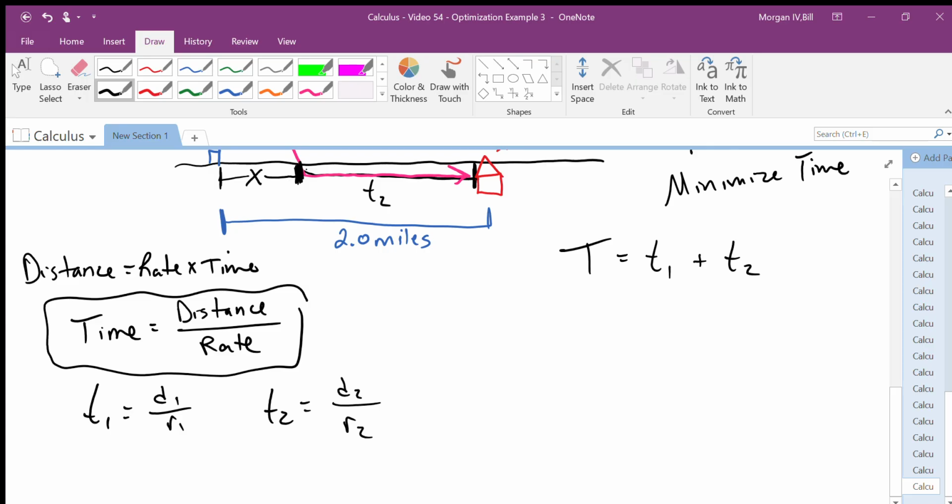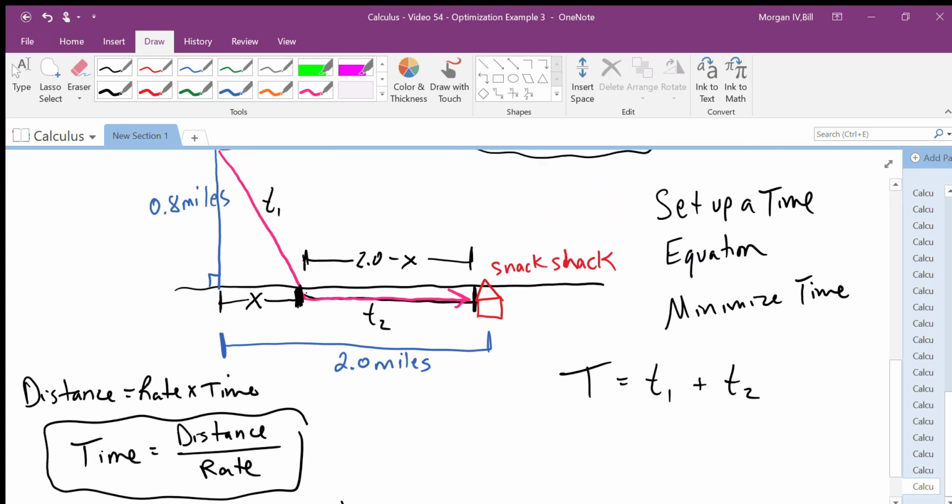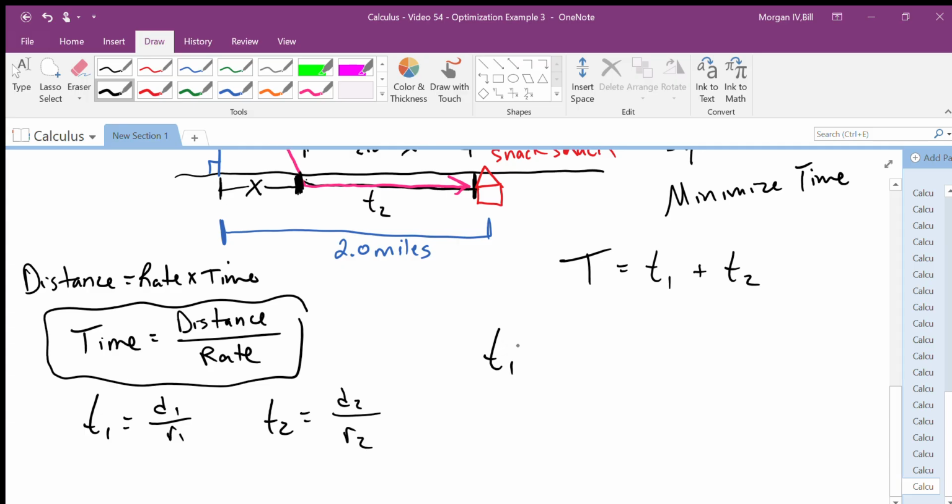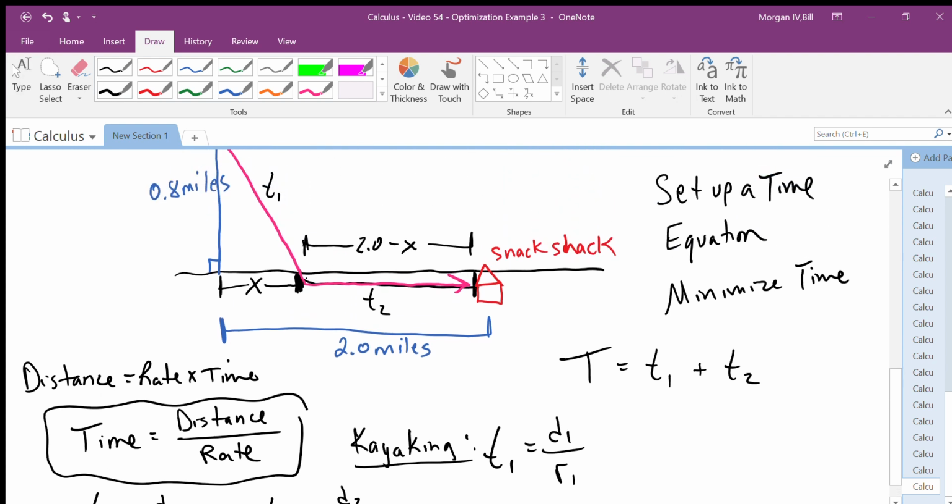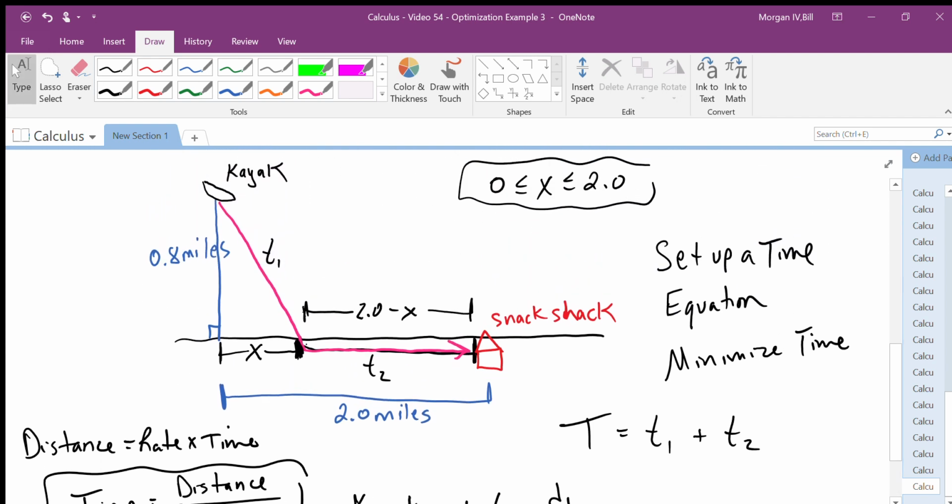Okay, so let's see if we can do this. Time 1 is distance 1 over rate 1. So this is kayaking. Time 1 for kayaking. What is the distance that we'll spend kayaking? Well, the distance that we'll spend kayaking is that first section, that first pink line from kayak to the shore.